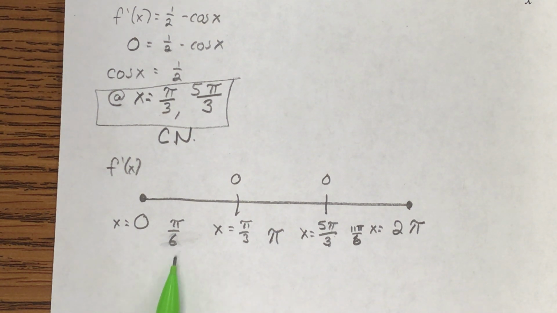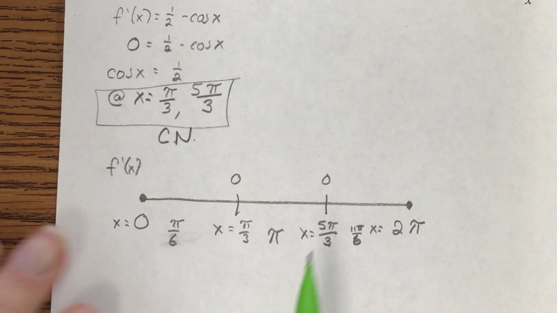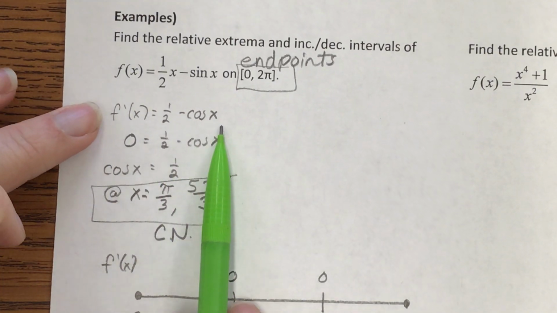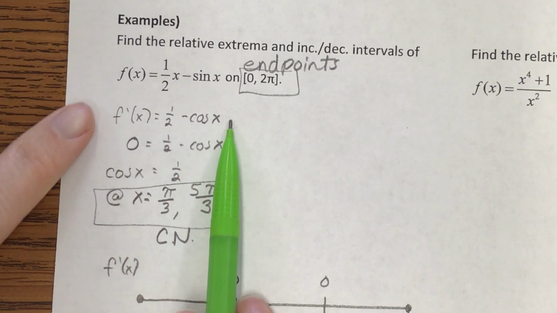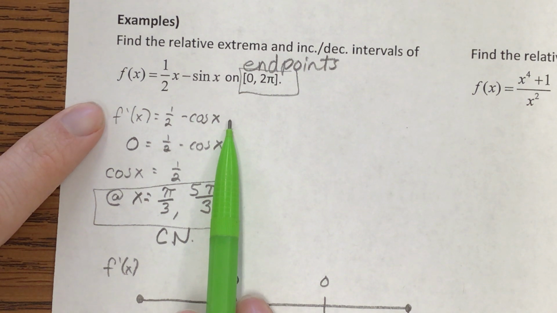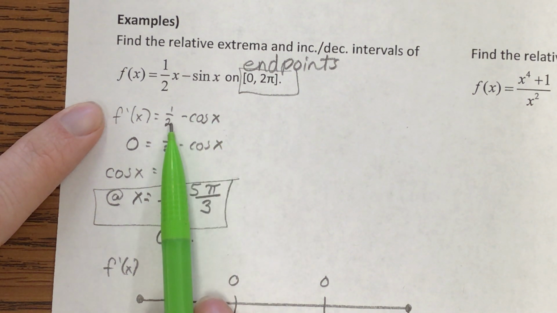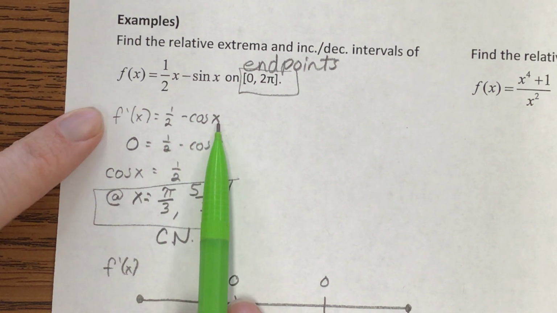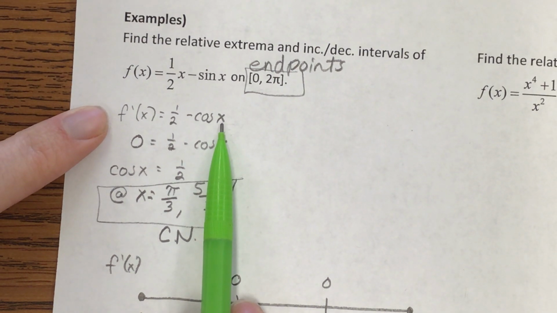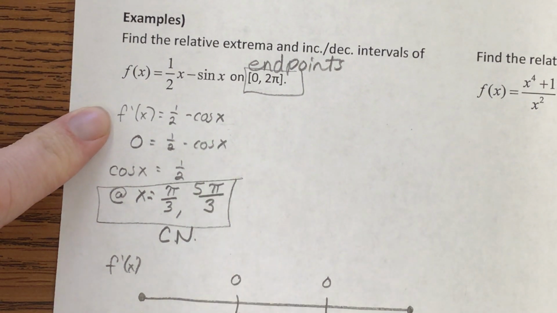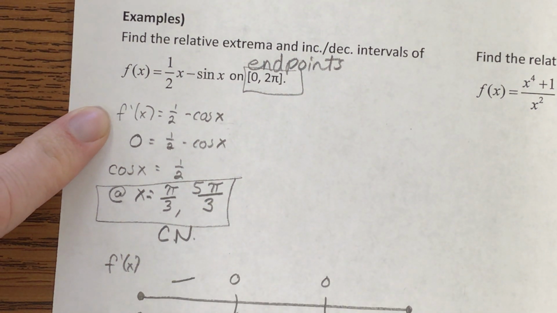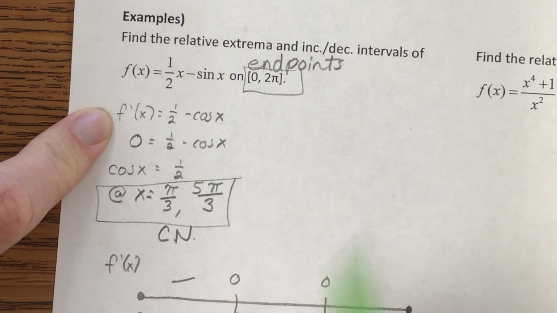Pi over 6. If we plug in pi over 6 into our derivative, because remember, we're trying to find the signs of the slope. Okay, so we got 1/2 minus the cosine of pi over 6. That is a negative number. Plug in pi. Cosine of pi is 0, so we're left with 1/2 minus 0 is 1/2, which is positive.